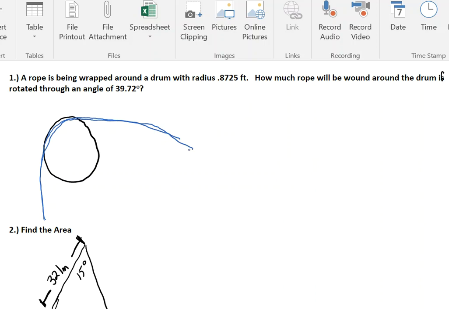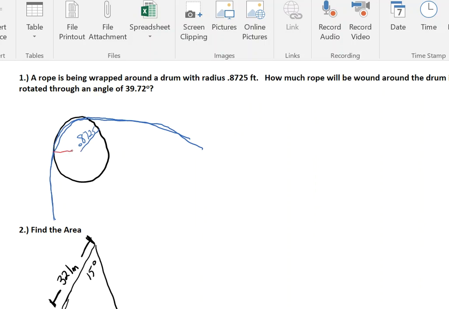We know that the drum has a radius of 0.8725. And the angle that this rope hits through on this is 39.72. Now my angle looks a little bit bigger, but you can kind of understand.